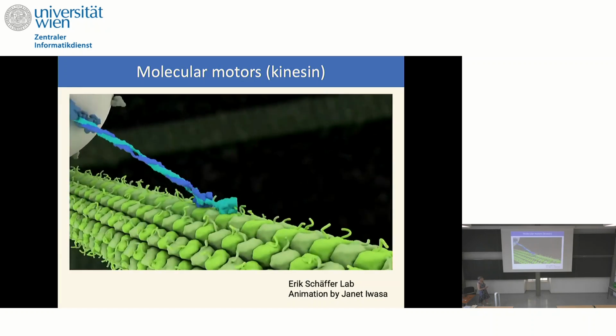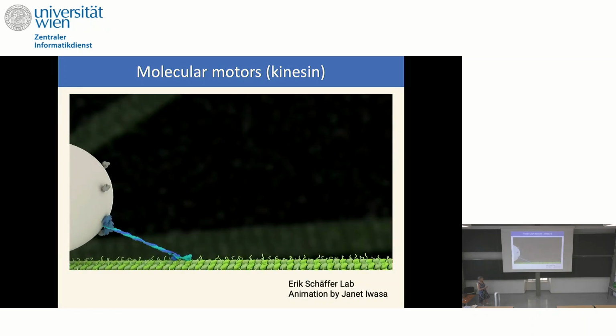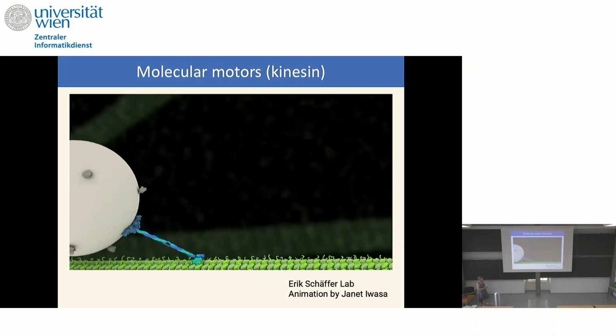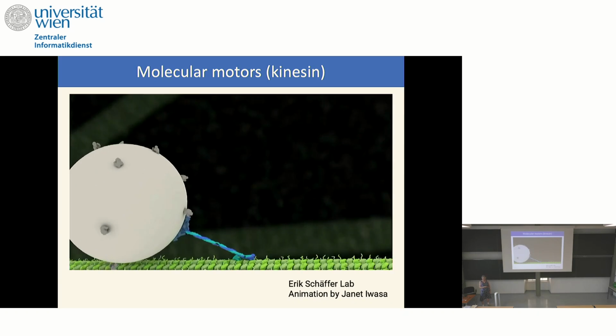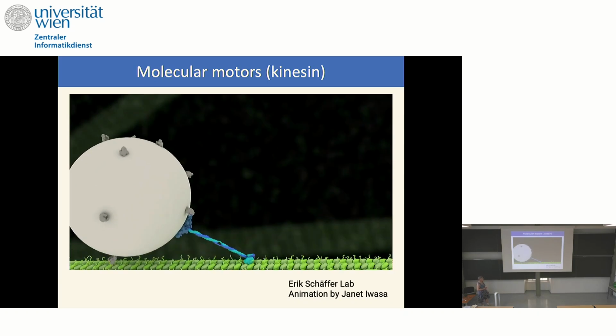This is a motor protein walking along a microtubule carrying proteins in a vacuole. And this sort of system forms the basis of the best known and most useful system for looking at active turbulence, which is a mixture of microtubules and these motor proteins.